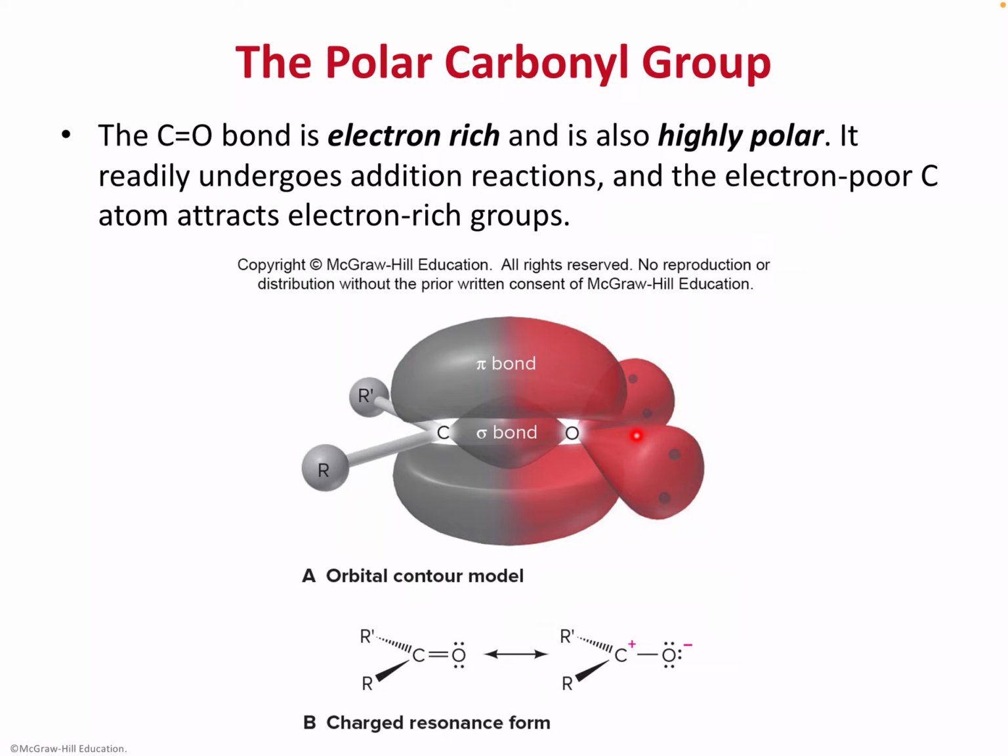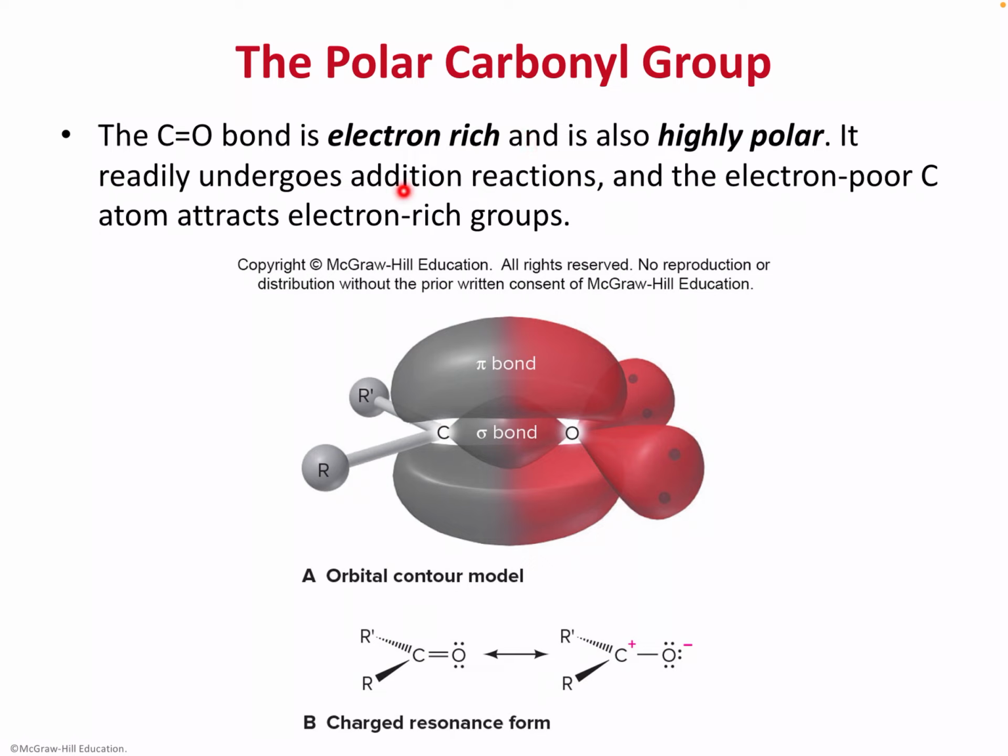Oxygens are normally electronegative, electron rich. So oxygen carries a partial negative charge and carbon will be partially positive. The carbon-oxygen bond is electron rich and is also highly polar.